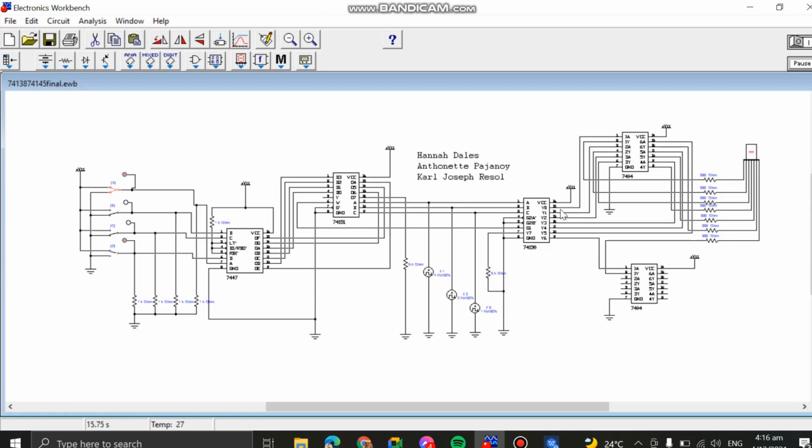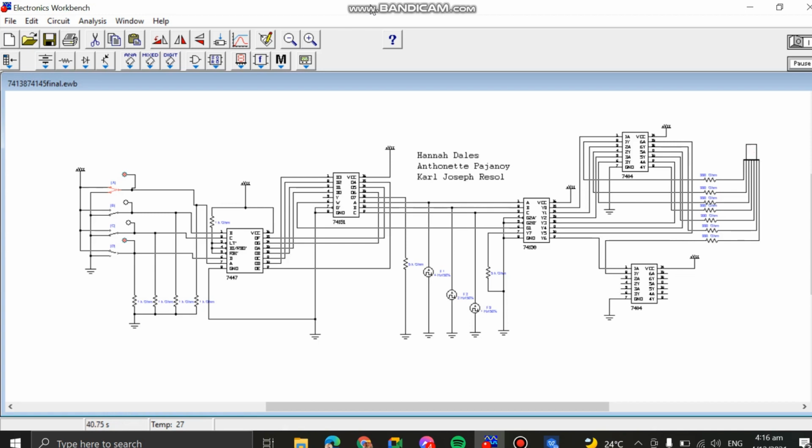So you were able to observe the purpose of the functions of the 74151 and 74138 and the simulation that I showed you, where I can conclude that in this activity, the ICs are acting as multiplexers and demultiplexers.